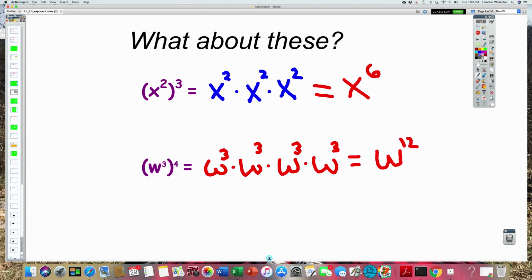So the shortcut here, you may have noticed, is from the beginning I had a power to a power. So it was x to the power of 2 to the power of 3. And so what I did there was I multiplied those. 2 times 3 gave me x to the 6th. 3 times 4 gave me w to the 12th.